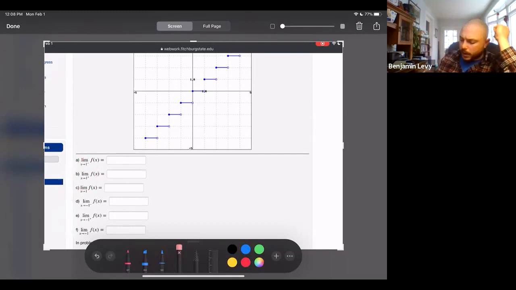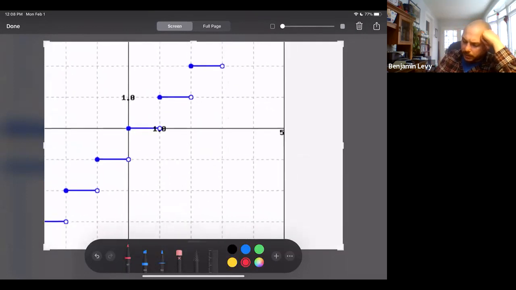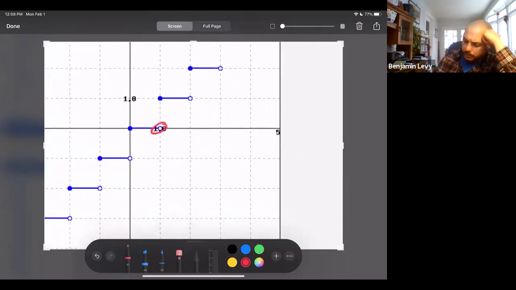And so let's focus in on number 1, right? So this one's asking about 1. So let's go look at 1. I'm going to zoom in on the graph here and look at the number 1. If we approach 1 from the left, that's down on this piece. We'll be walking along this piece towards that point.